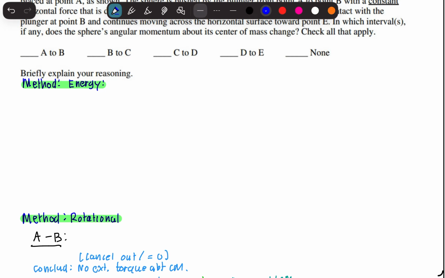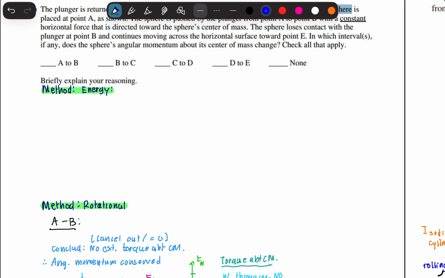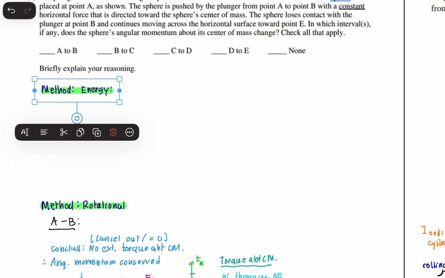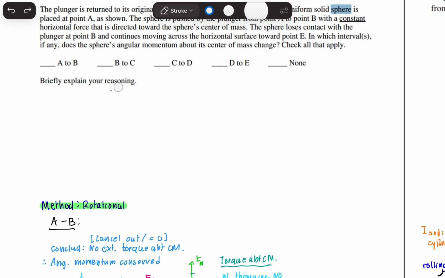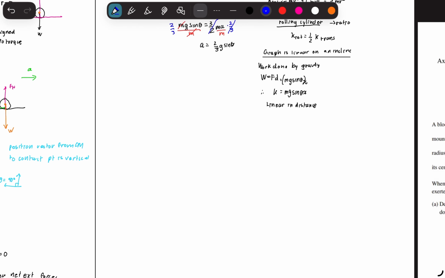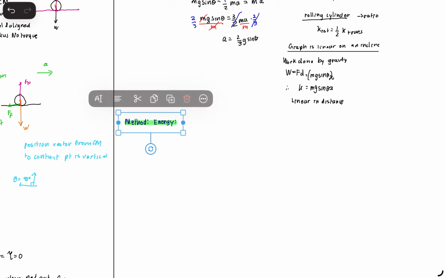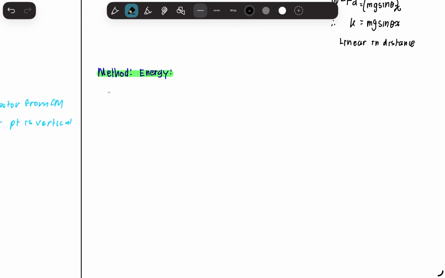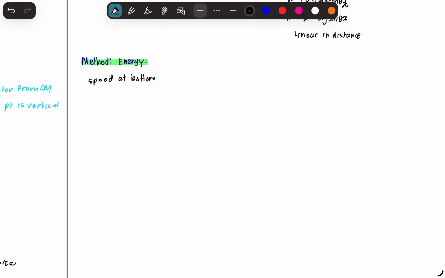So if we want the speed at the bottom for the uniform, I'll write this over here. To derive the speed at the bottom of the hill, we have a uniform solid sphere, and we know that it rolls without slipping.